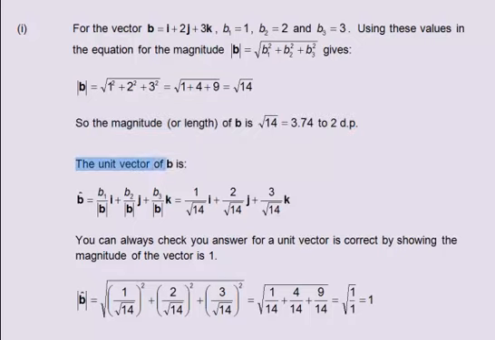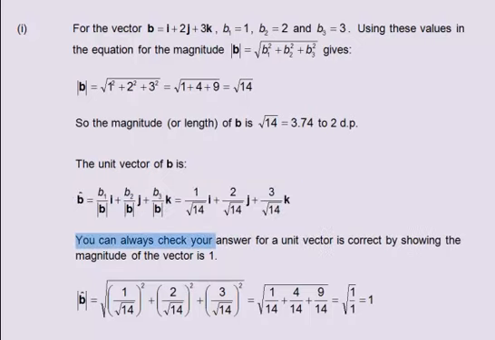The unit vector of b is b hat equals b1 divided by the magnitude of b i plus b2 divided by the magnitude of b j plus b3 divided by the magnitude of b k, which equals 1 over root 14 i plus 2 over root 14 j plus 3 over root 14 k.